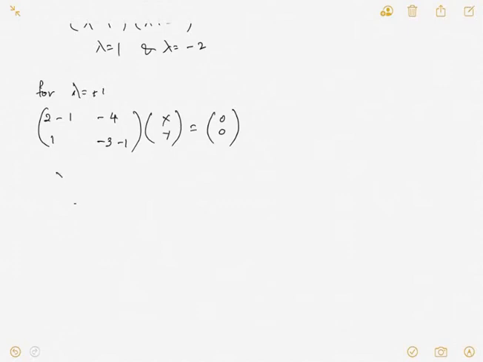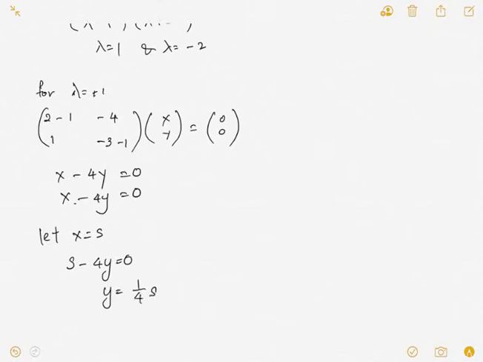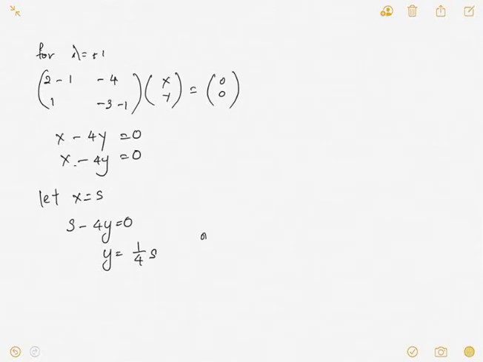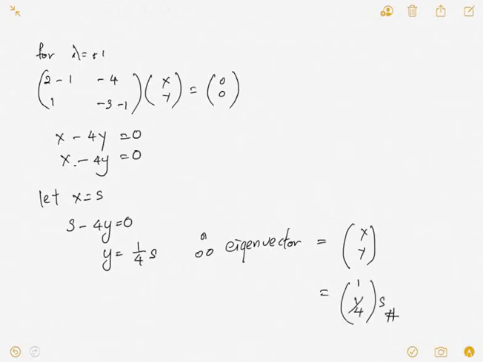You get x minus 4y equals 0 and x minus 4y equals 0 again. You assume x is equal to s, so you get s minus 4y equals 0 and y equals 1 over 4 s. So your eigenvector is x, y, which is 1 and 1 over 4. This is for lambda equal to 1.